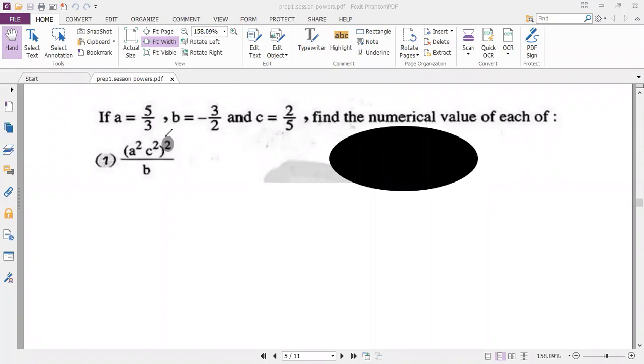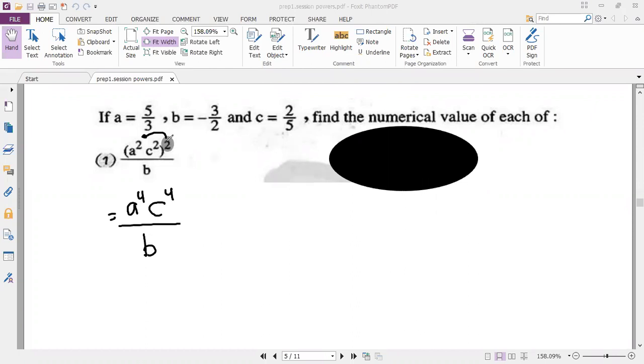So it's 2 here. This power is on A to the power of 2. So A to the power of 2, all to the power of 2, is going to be A to the power of 4. And we have C to the power of 2, all raised to the power of 2. So write C and multiply 2 times 2 equals 4, divided by B.